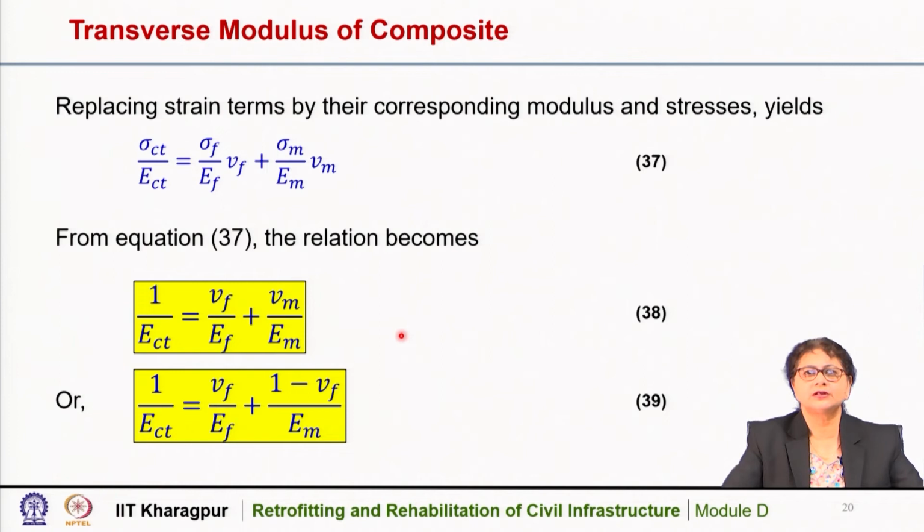This equation 38 can also be written as 1 by Ect is equal to Vf by Ef plus 1 minus Vf, which is nothing but Vm divided by Em. So, by knowing the volume fraction of fiber and the matrix and their elastic modulus, we can derive the elastic modulus of the composite in the transverse direction.